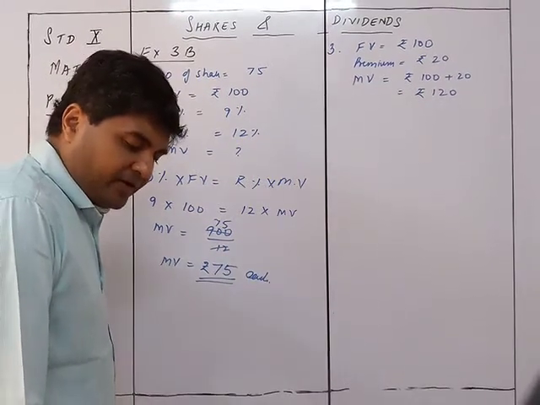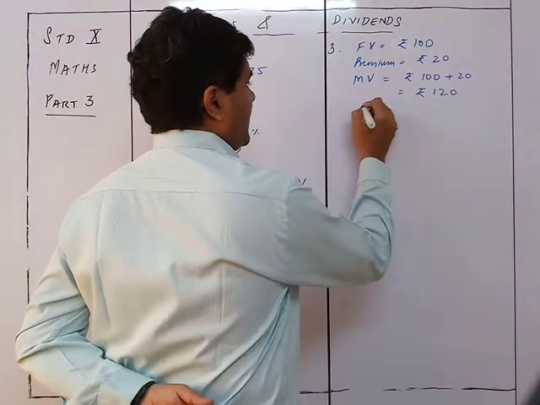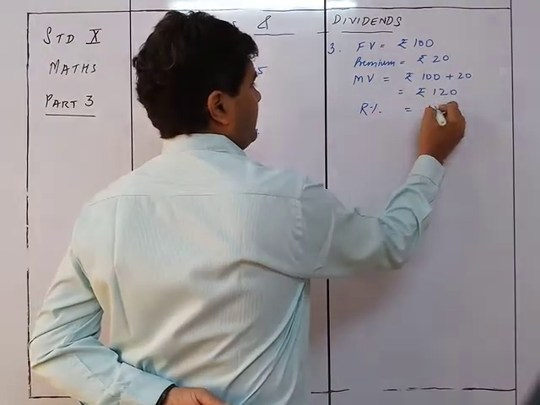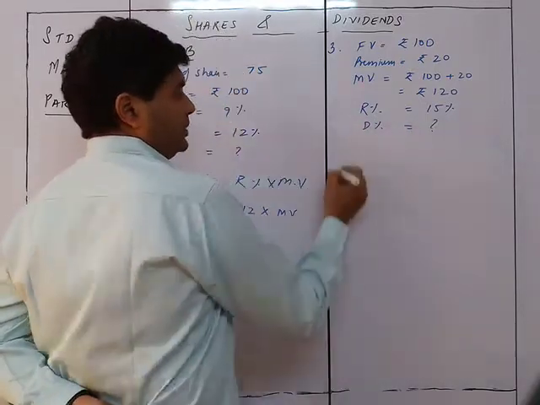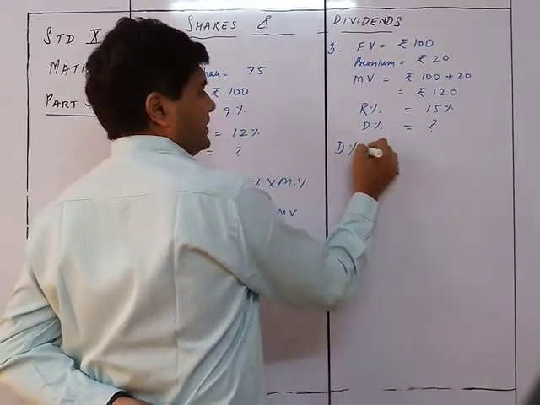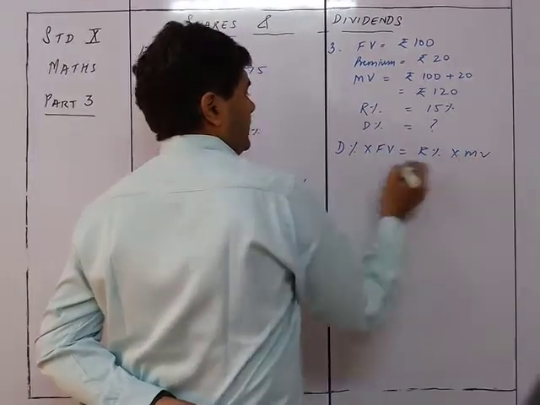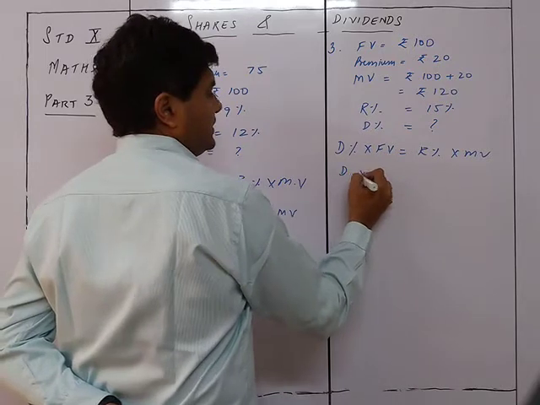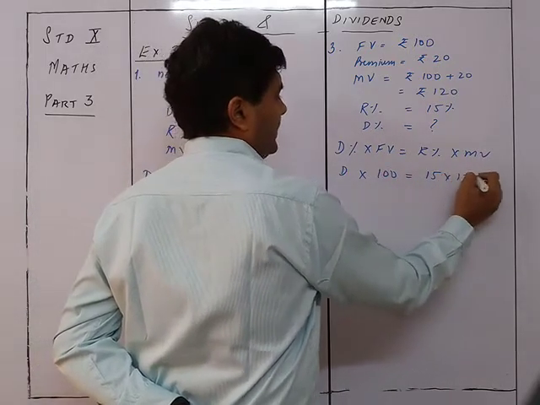Find the rate of dividend given by the company when the man's return on his investment is 15%. So R percent is equal to 15%. So dividend percent is what we need to find out. So again, the same method, dividend percent into FV is equal to R percent into MV. So dividend percent into 100 is equal to 15 into 120.